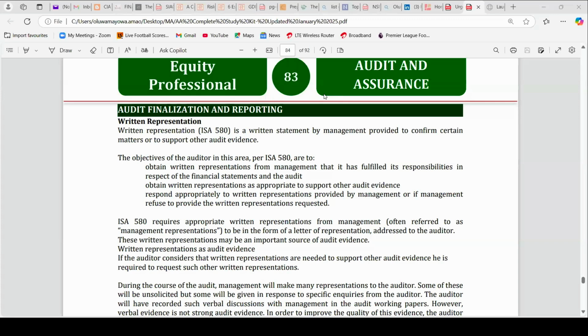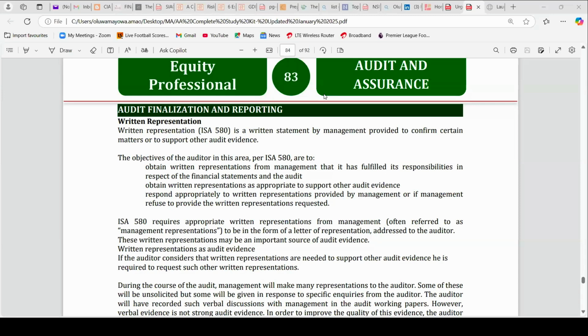What do we mean by this? The auditor has obtained some audit evidence. Sometimes the auditor will need a statement from management on that audit evidence. So written representation says that this is what the auditor should do. It's not a verbal statement. There should be documentation.